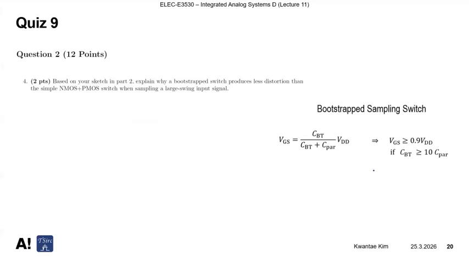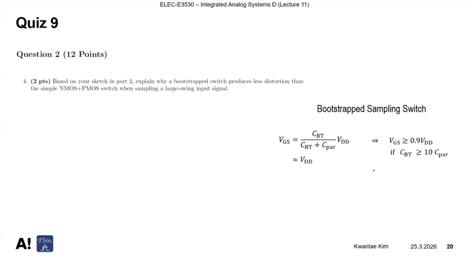So the last question is, based on your sketch from part 2, explain why this bootstrapped switch produces less distortion. So this is the case of the bootstrapped sampling switch. If CBT is much larger than C parasitic, then this is approximated to VDD, because the denominator is approximated to CBT.